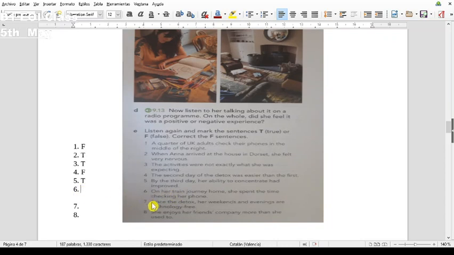Let's see number 6. On her train journey home, she spent the time checking her phone. No, the detox was a success. She didn't check anything on her phone. Now, since the detox, her weekends and evenings are technology free.